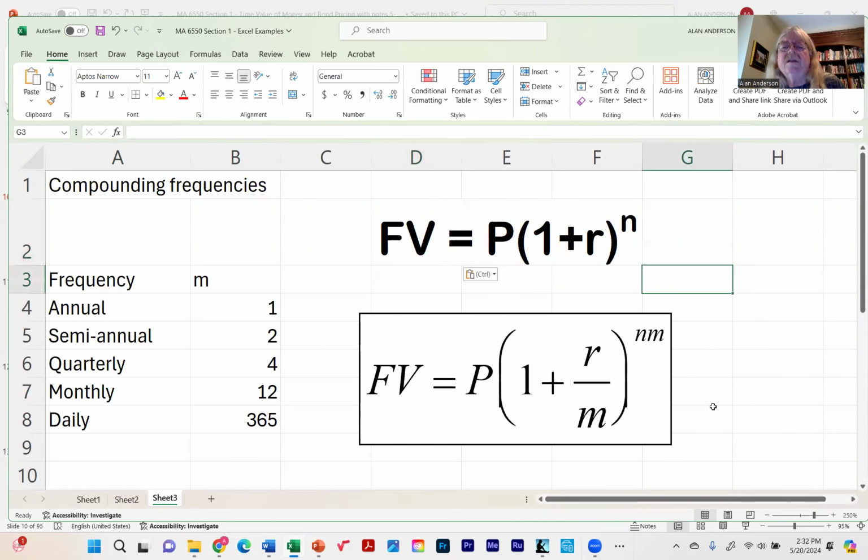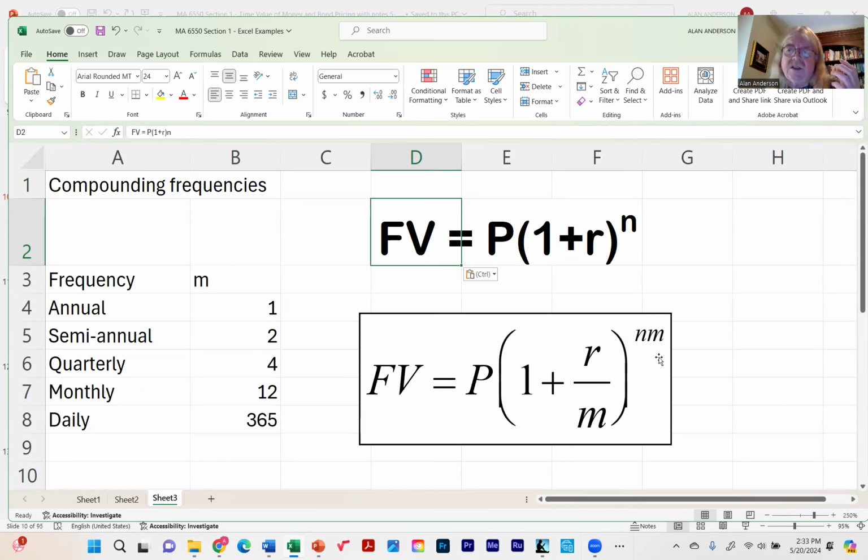So what's happening here is that in this first case, R and N are defined in terms of years. Okay, R is an annual rate, N is a number of years. Down here, for example, if M is 4, that means this ratio is a quarterly rate of interest, and this exponent is not the number of years, but the number of quarters.